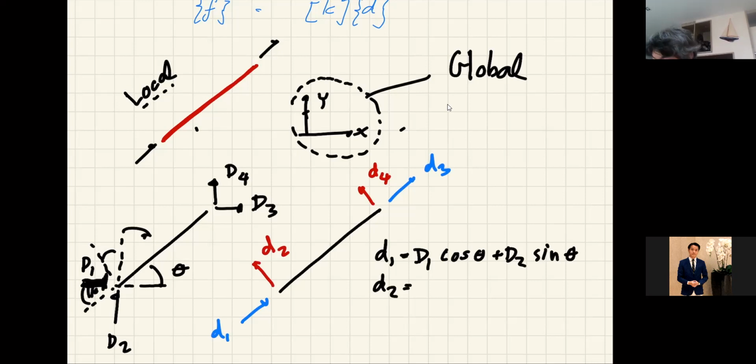For D2, you can guess it's going to be minus D1 sine theta plus D2 cosine theta. Right? D2 is this one now. So D2 is, this is D1.